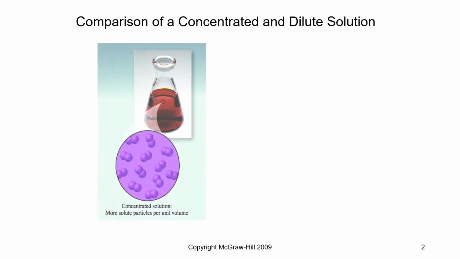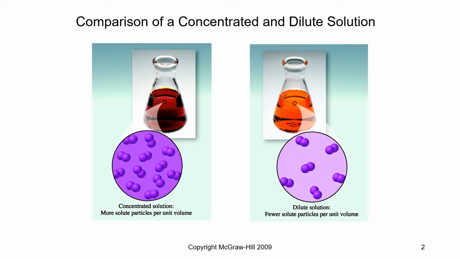So, just for comparison of a concentrated versus a dilute solution, concentrated solutions have more solute particles per unit volume than dilute solutions, which have fewer particles per unit volume.